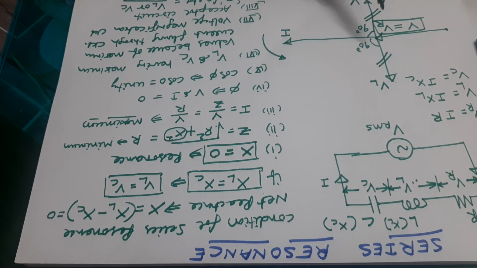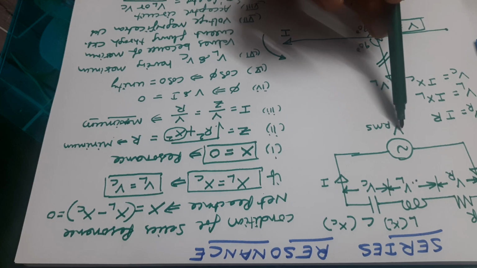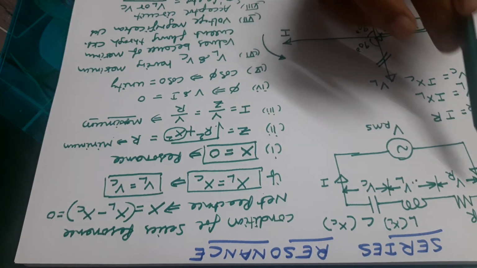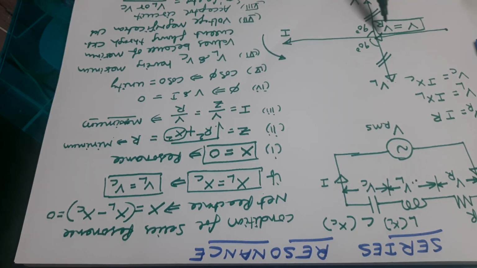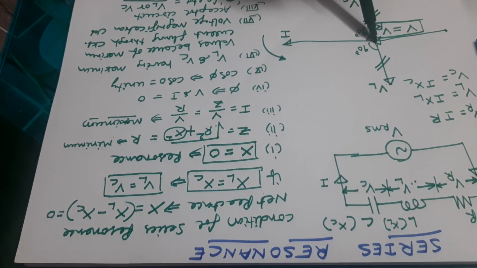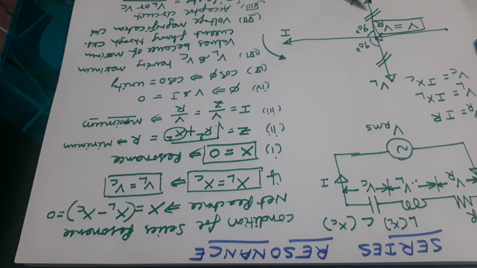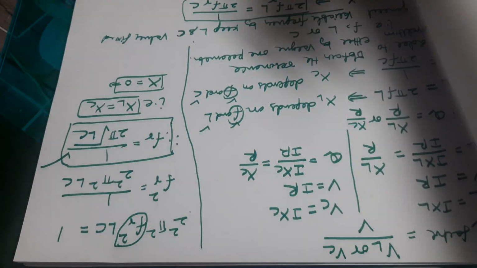Many students get confused that since the applied voltage appears across the resistance as shown in the phasor diagram, there is no voltage across inductance or capacitance. Definitely, it will be many times greater than the applied voltage. How many times exactly it is greater can be given by Q factor. That also I have shown here.